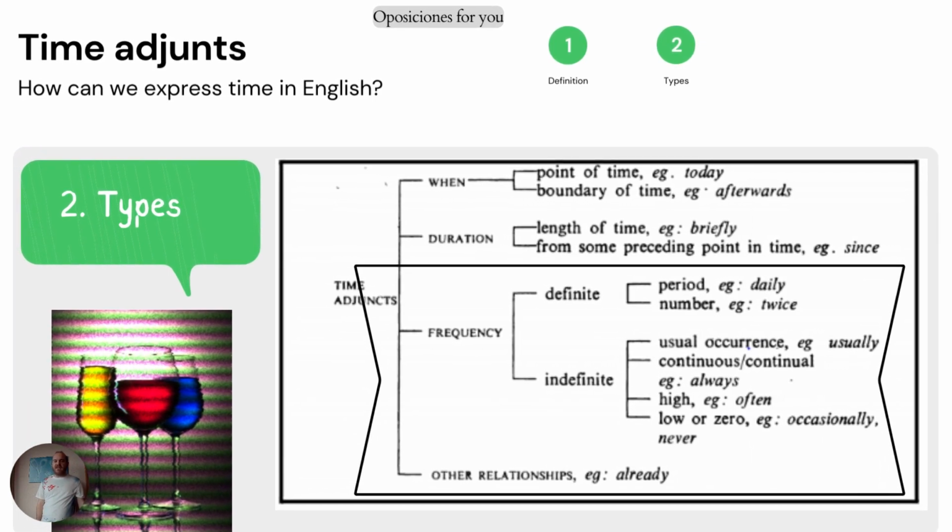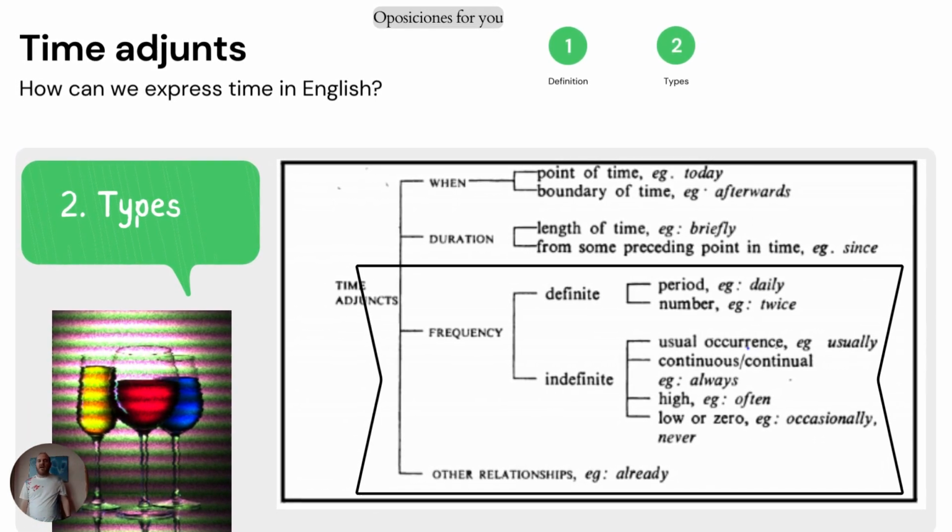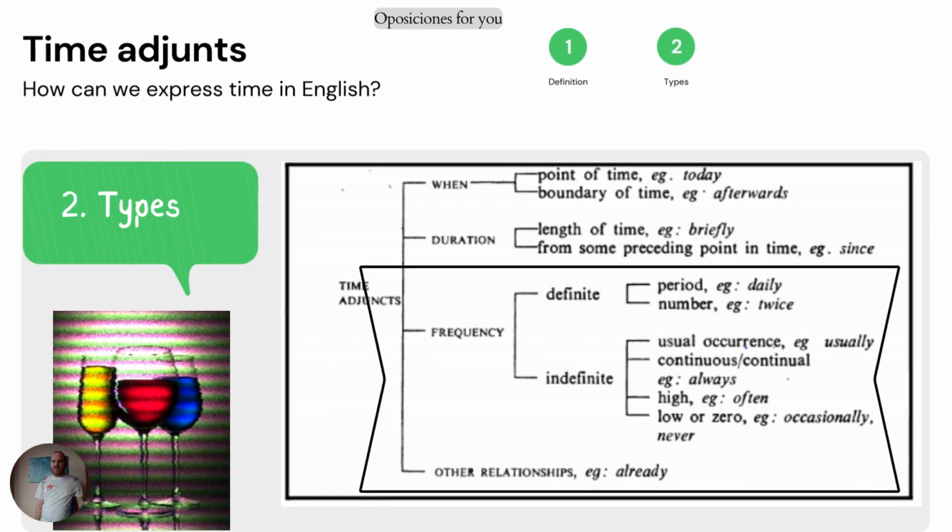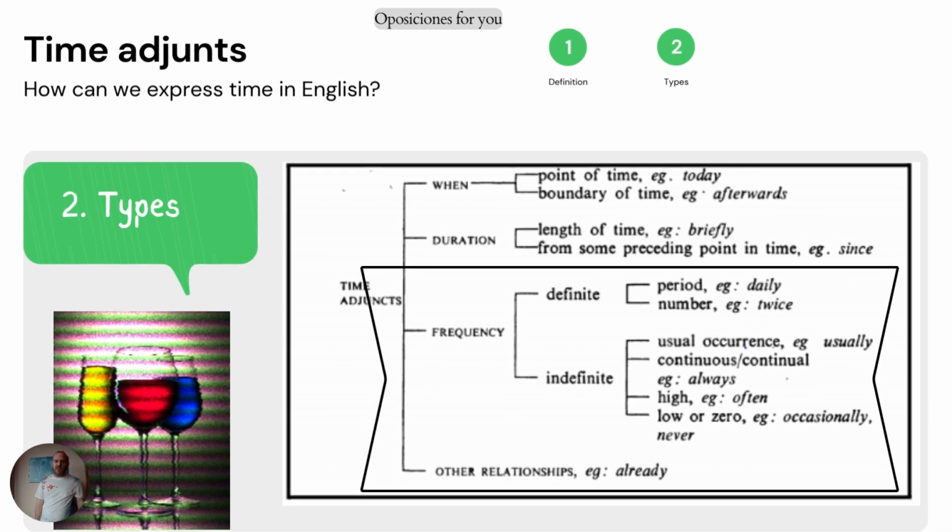We have here the definite frequency, adjuncts that name explicitly the times by which the frequency is measured. The first part would be period frequency, for example, committee meetings take place weekly, or number frequency, I have been in Singapore once, or he demanded a payment again.